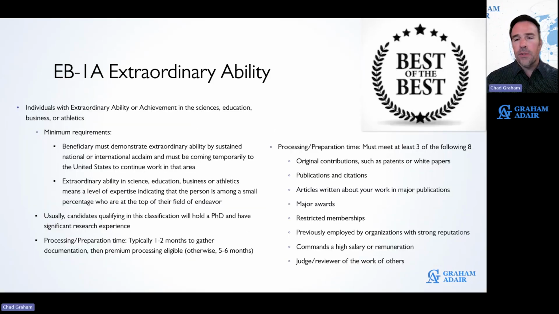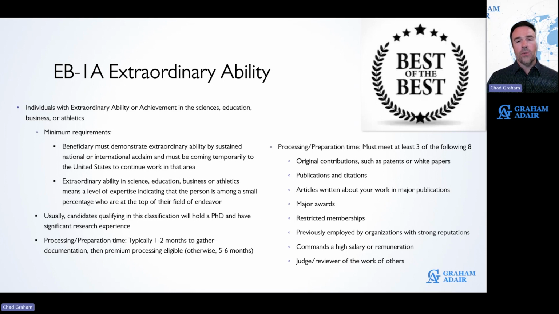The next self-sponsor option is EB1A, and you'll probably recognize this from our discussion on O1. It's exactly the same list of 8 criteria. So that's why I said if you qualify for an O1, it's a really great green card process for you because it streamlines your ability to get into the first preference category, where you get to skip the PERM labor certification.